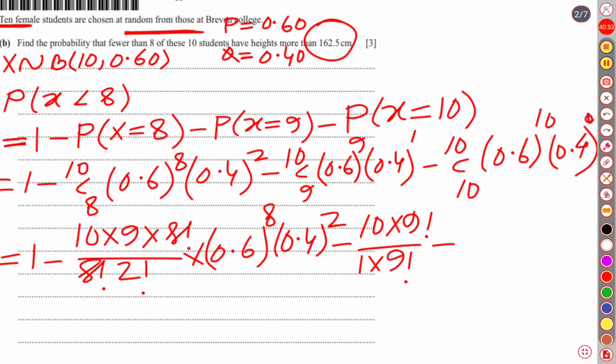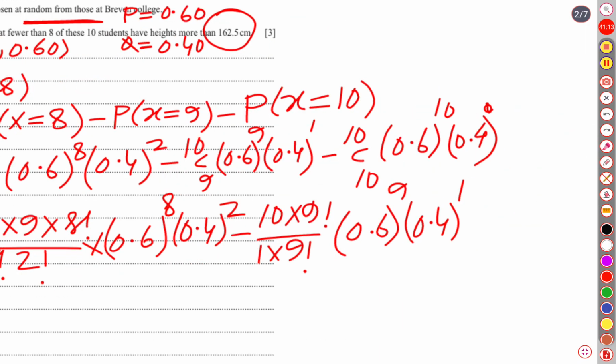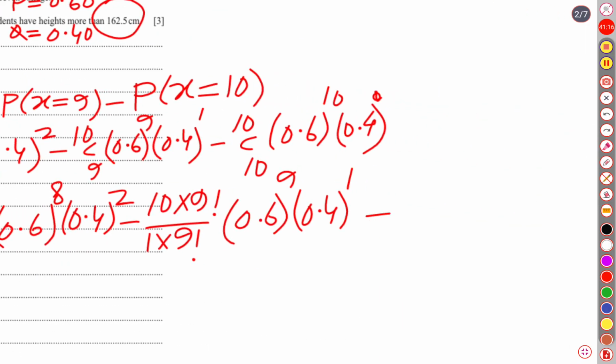Sorry, we didn't write the probability. So probability of 9 students, 0.6 raised to 9 and 0.4 raised to 1, minus 10 choose 10 means 10 factorial over 10 factorial, which is 1 actually, 0.6 raised to 10, and 0.4 raised to 0 means 1, so it's all unnecessary.